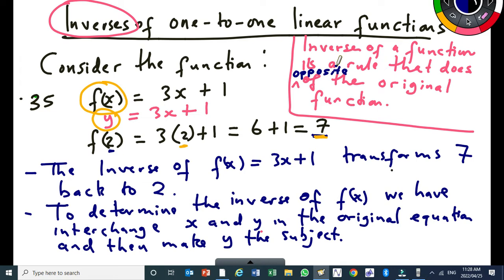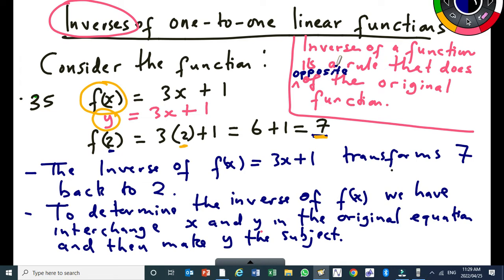Please be aware that by rule we are saying it's an equation. We can write the equation of the inverse. And that equation does the opposite of what the equation of the original function does. So copy down the main heading, then the definition.